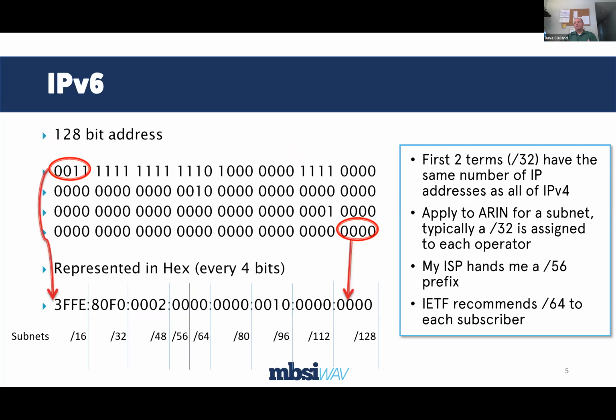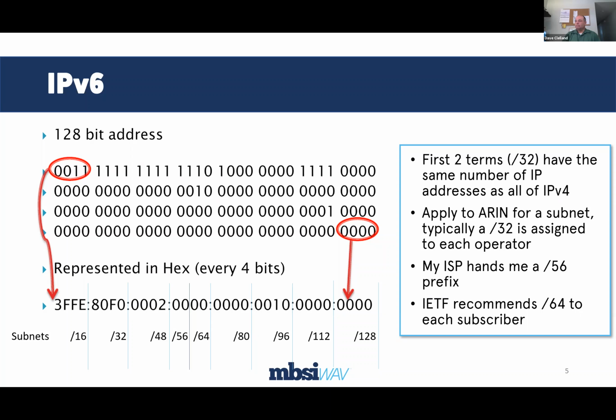All right, so IP version 6, like I said, is a different animal altogether. Now we're talking about 128 bits. They're grouped into 16-bit groups represented in hexadecimal. So therefore, the numbering scheme goes from 0 to F, and so the addresses are defined like you see in this example that I've got here.